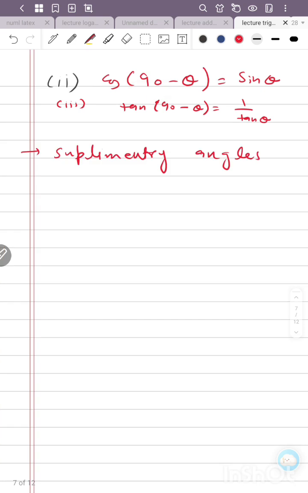Supplementary angles. Here, sine 180 minus theta. We apply the same fashion to solve it. Here alpha is equal to 180 and beta is equal to theta.